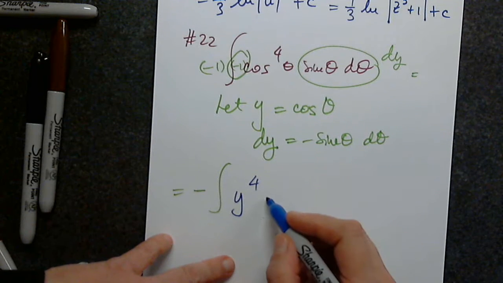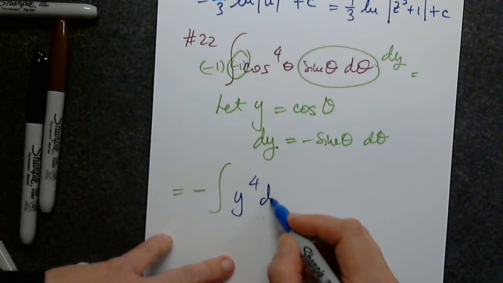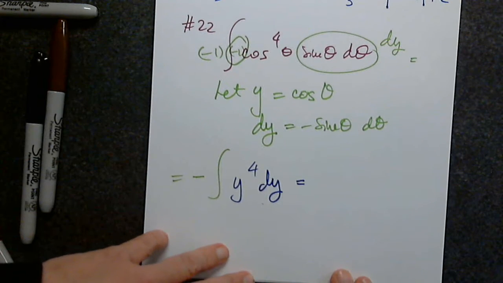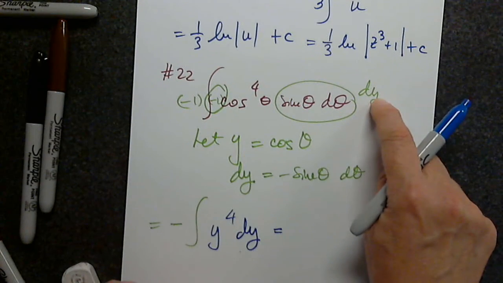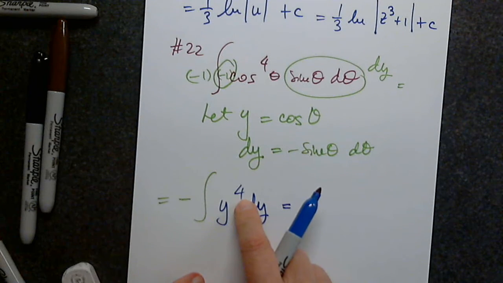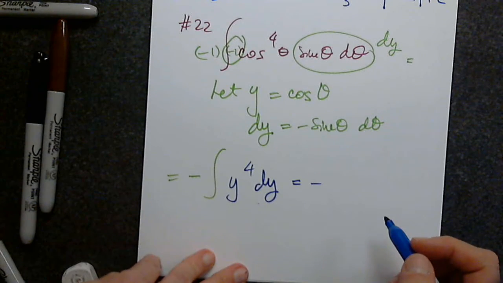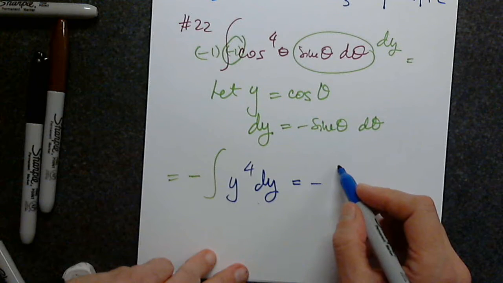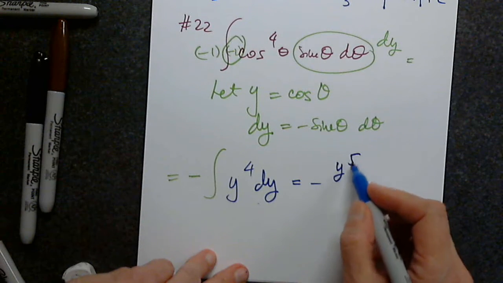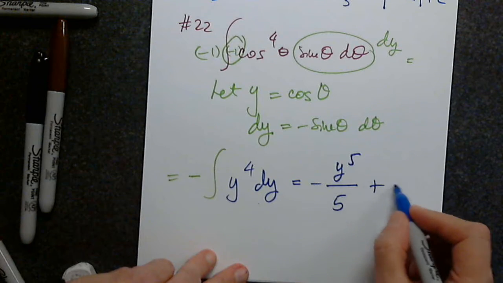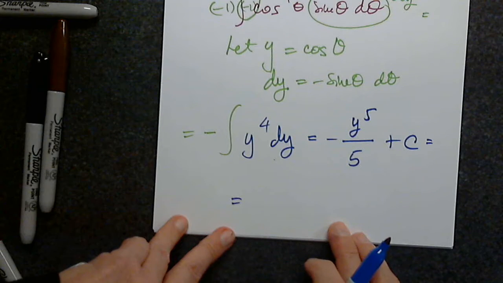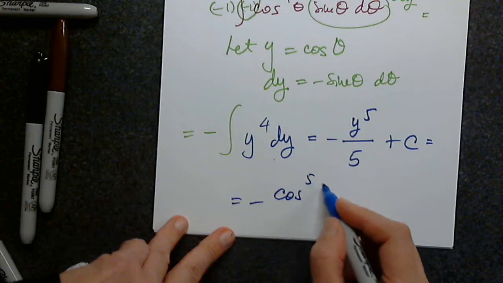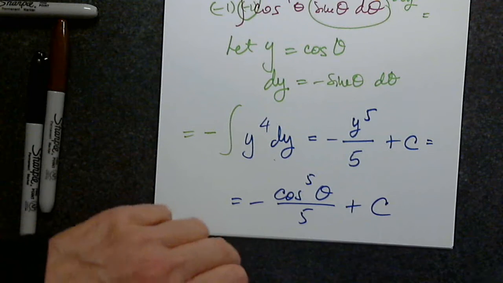Minus, the negative times sine times d theta is dy. All we have left is y to the 4th. So then minus what? However, this is good, but not good enough. Yes, cosine to the 5th over 5 plus a constant c.